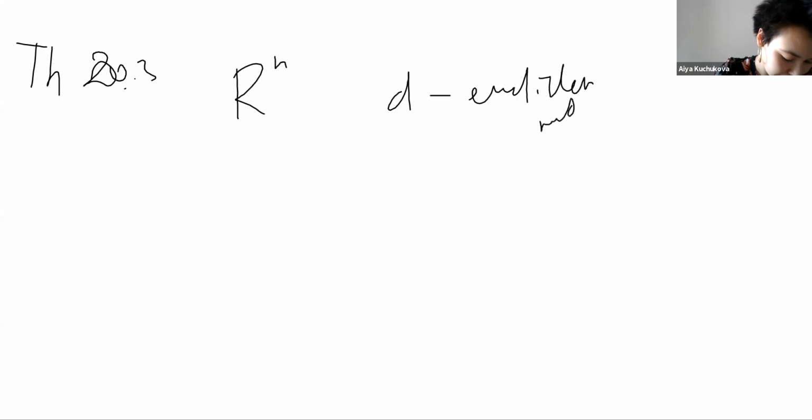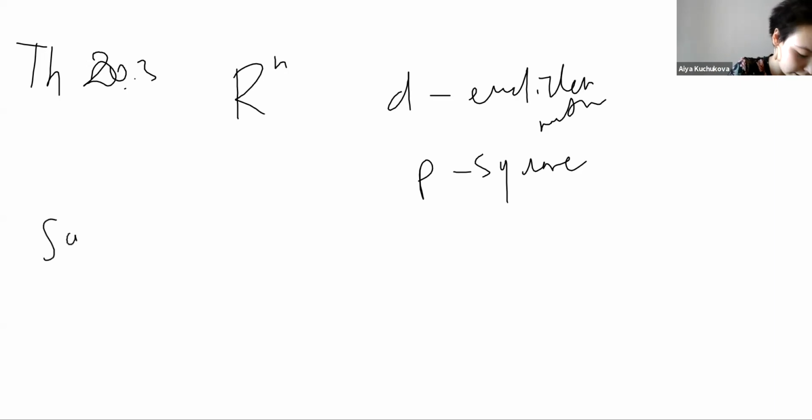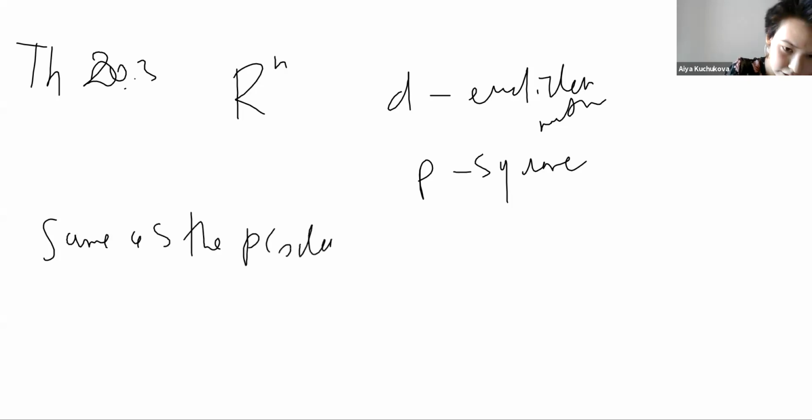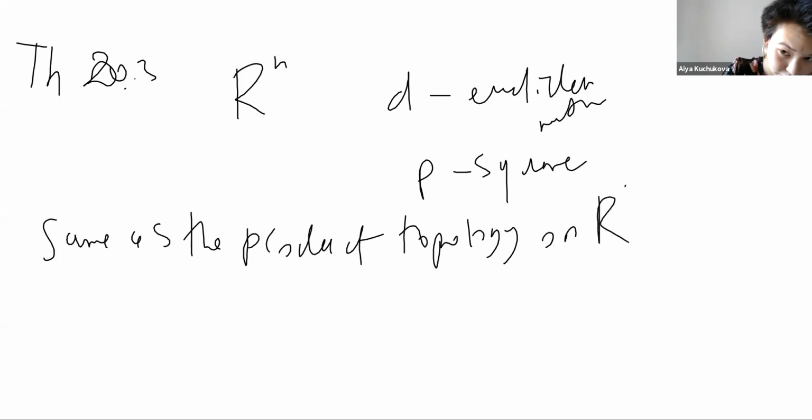What it says is the topologies on R^n induced by the Euclidean metric d, so d is the Euclidean metric, and the square metric rho, rho is the square metric, the one that we were playing with before, are the same as the product topology on R^n.